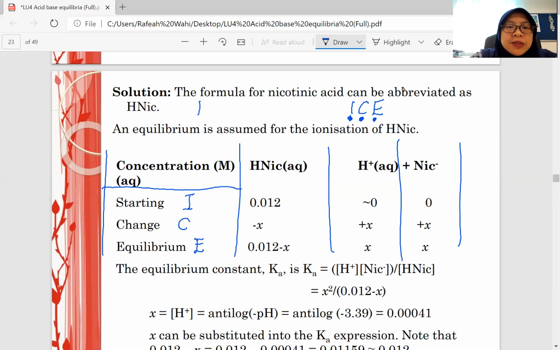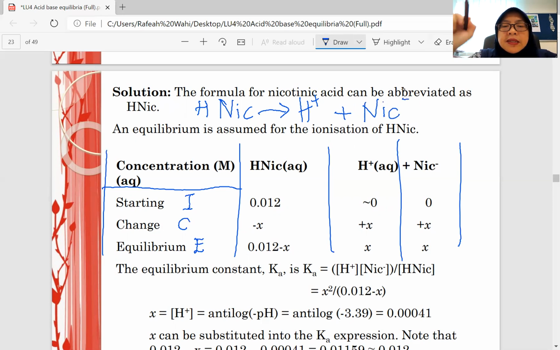So you can write the dissociation reaction as HNIC dissociates in water, and the products would be H plus ion and the conjugate base, NIC negative.